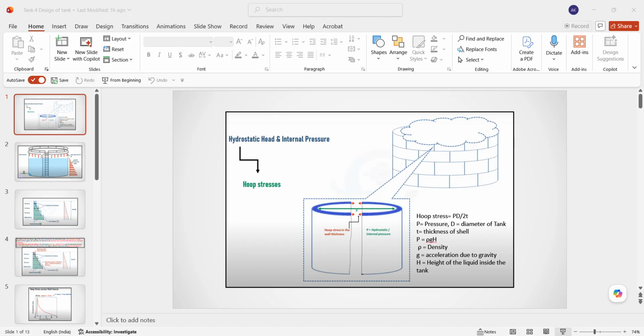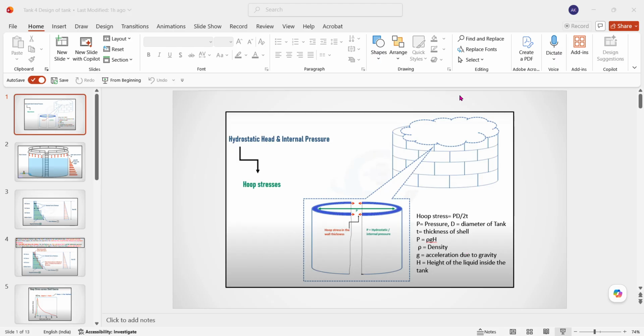Before going to discuss in detail how to design a tank and the different procedures, we want to tell you what are the main loads acting on the tank shell to design it, to calculate its thickness.